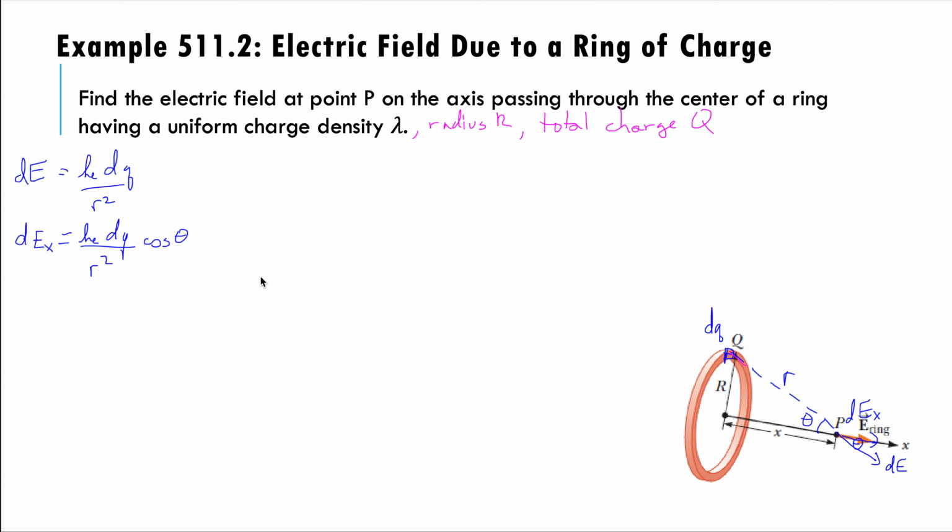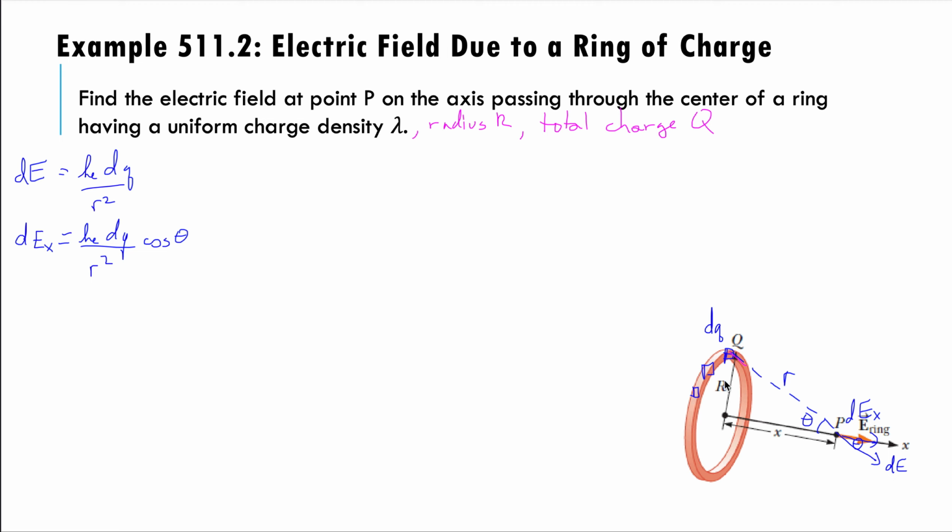Now we need to figure out what variable we're going to integrate over. In the rod problem, the previous example, we were integrating along the x direction. But here we see that all of these charge elements have the same distance x to point P. So we're not integrating along x, we're not integrating along r.